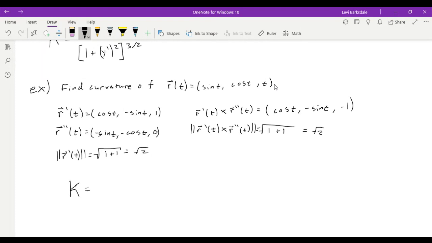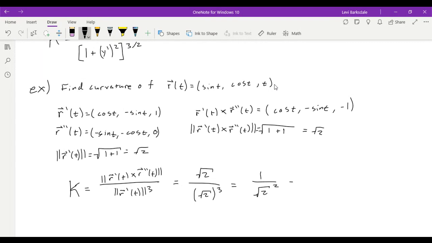And our curvature is equal to the magnitude of the first derivative crossed with the second derivative all over the magnitude of that first derivative cubed. So that would be the square root of 2 all over the square root of 2 to the third, which is 1 over square root 2 squared, which is, of course, 1/2.